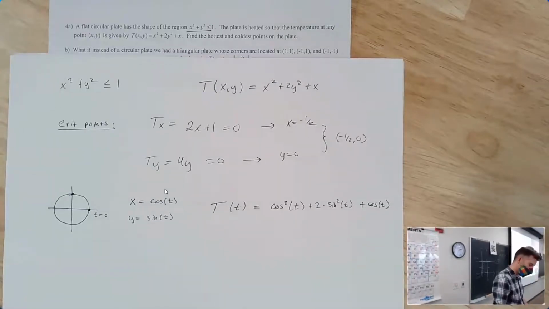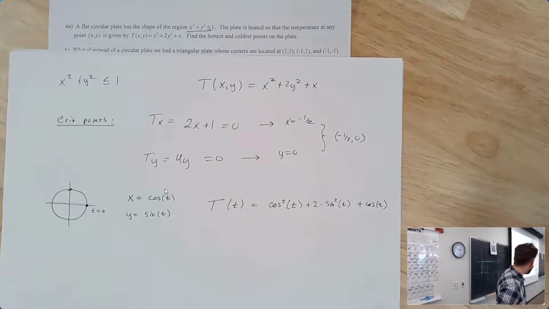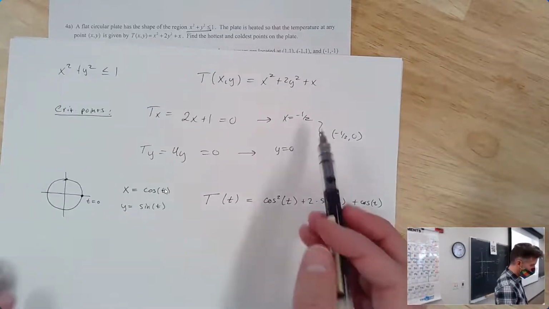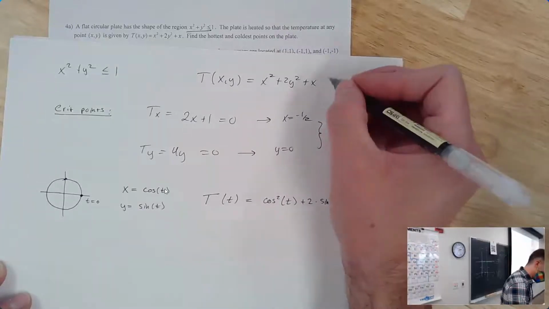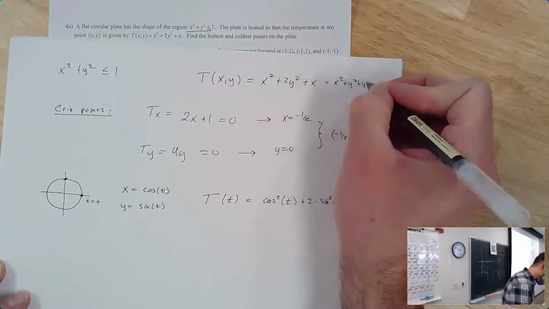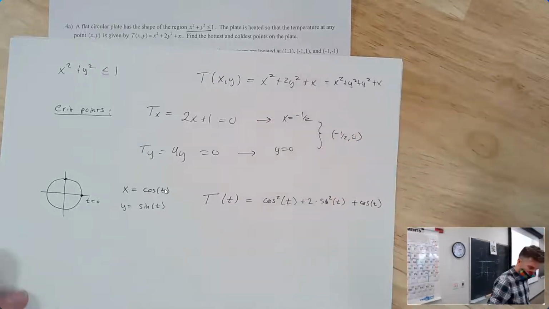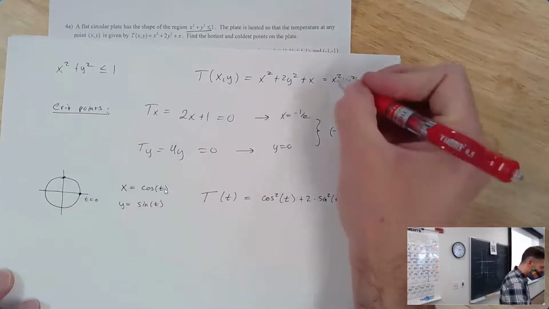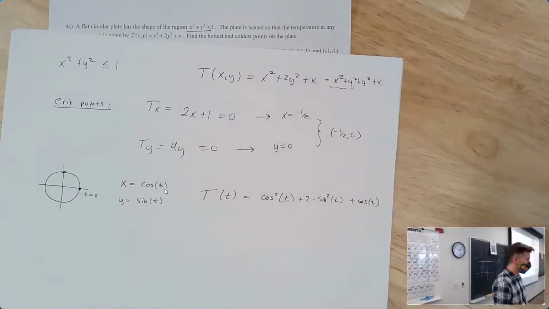And we can make our lives easier. It might have been smart to see that this is x squared plus y squared plus y squared plus x. And if we're on the circle, what's x squared plus y squared equal to?